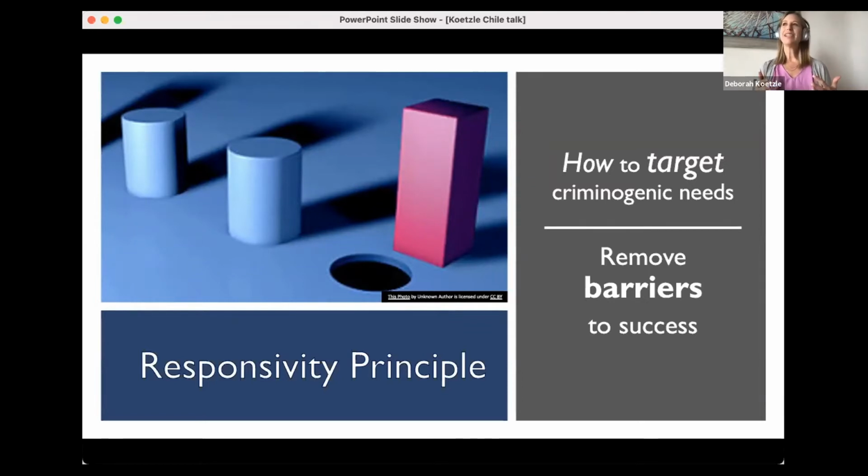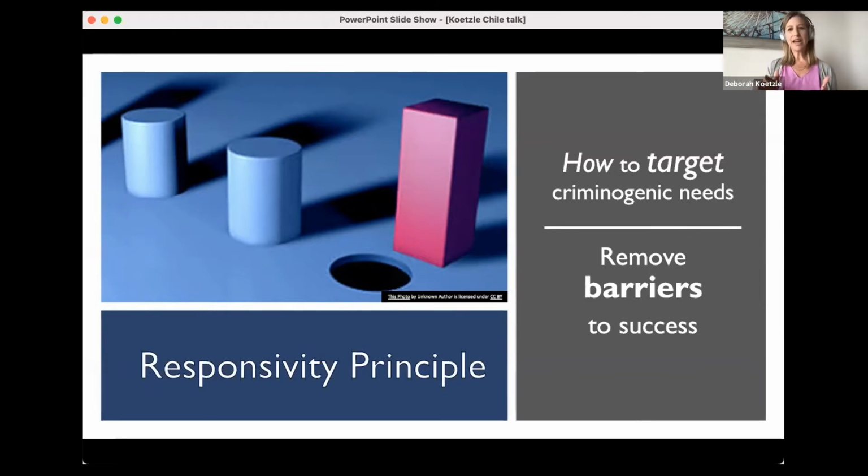And responsivity is really about acknowledging that people respond to interventions differently. We're all unique. We all have individual styles, individual preferences, and we want to make sure that we're matching people to services that are best suited to them. If you've ever tried to put a square peg into a round hole, you know it doesn't work very well.